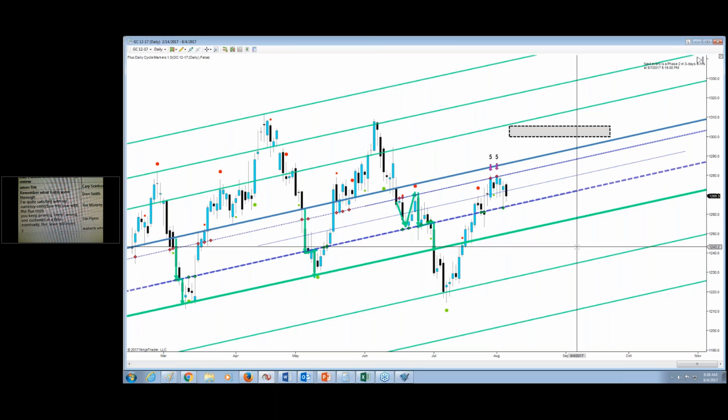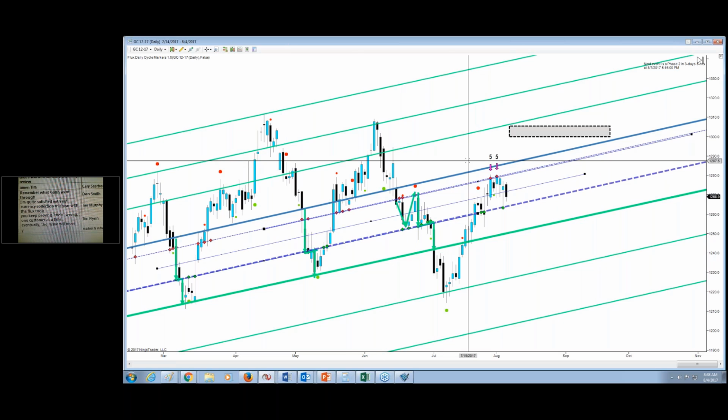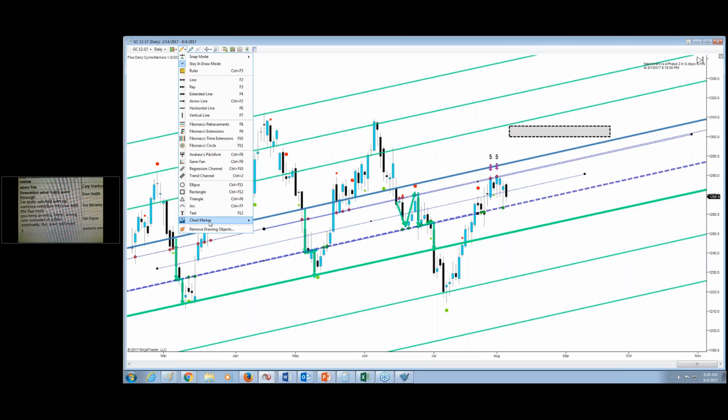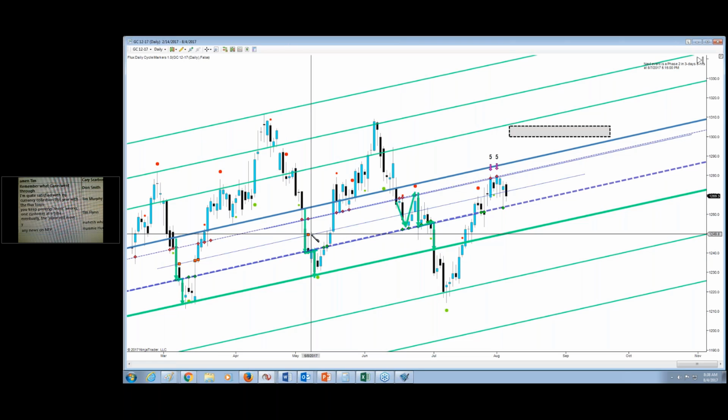And yeah, sure enough, check out the reactions along the 50% line. So Tim, I'm going to use a neutral color here, or a square. There's the reaction here, here, here, here, here, here, and here. Here, and here, and here, and here, and here.